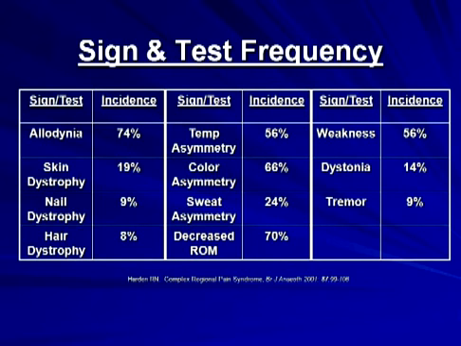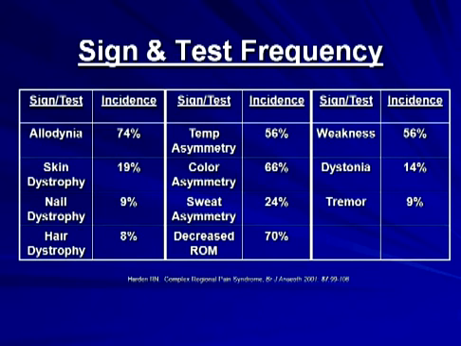And not every patient will have color changes or temperature asymmetry or decreased range of motion. A large percentage will, but not everyone. So you have to just keep that in mind in terms of having a high index of suspicion for the condition and realizing that not everyone presents with every manifestation 100% of the time.